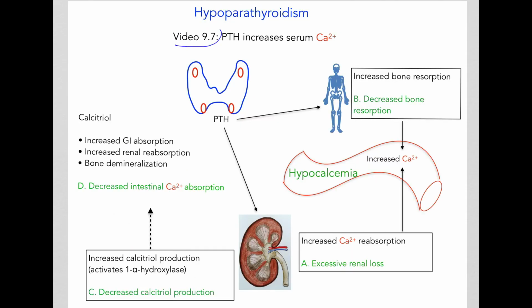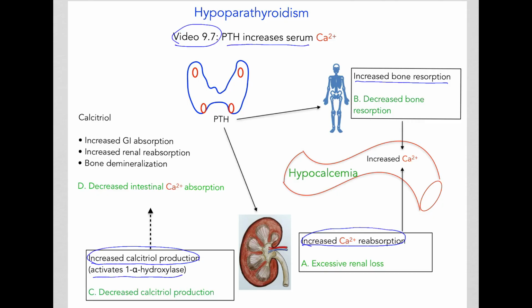In video 9.7, we discussed the effects of PTH. So PTH increases calcium reabsorption from the kidneys. PTH increases bone resorption. PTH increases calcitriol production in the kidneys by activating the 1-alpha hydroxylase enzyme.